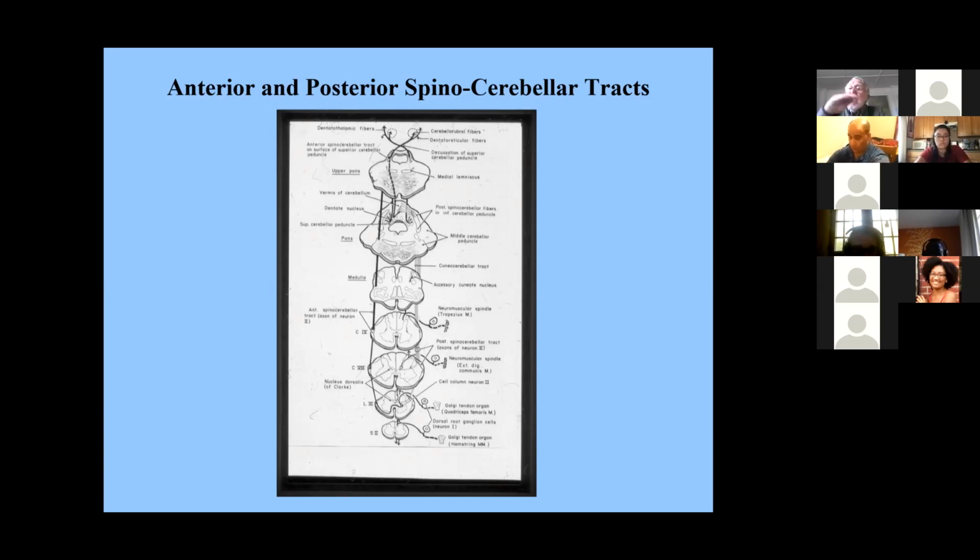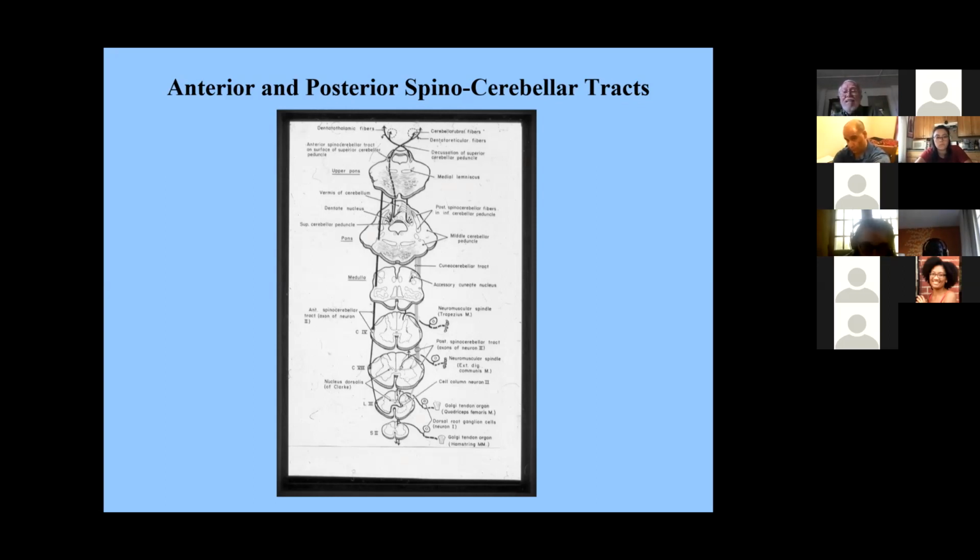And with the lateral spinothalamic tract, we'd be affecting pain, and you'd be affecting it on both sides, because that pathway has members crossing both ways. Plus, you would have a disruption of the anterior spinocerebellar tract, while the posterior spinocerebellar tract is still working because it's not affected. So what you may end up with is some problem with timing or coordination.